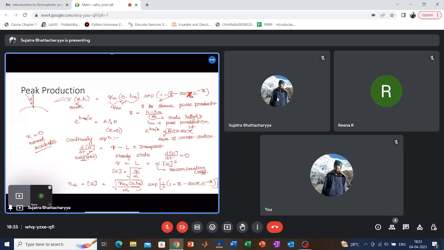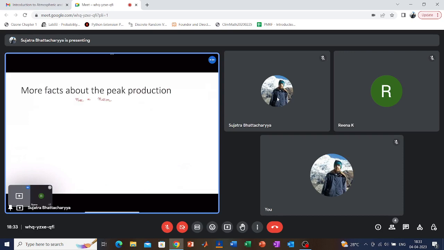Therefore Ne equals Nem exponential of half of 1 minus zeta minus sec chi e to the power minus zeta. And Nem is equal to the root of Qm0, for zero zenith angle, the normal incidence, divided by alpha, the recombination coefficient.